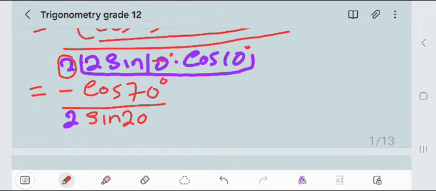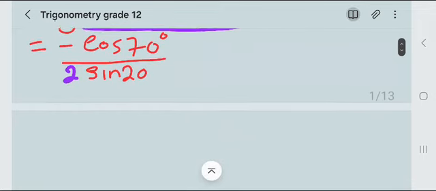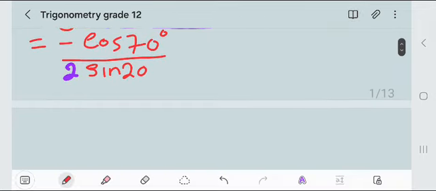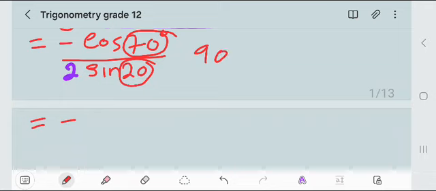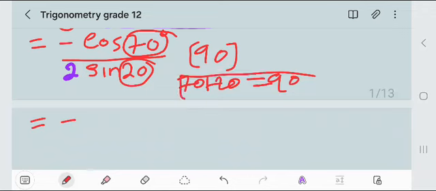Ladies and gents, amazing thing again here. When we divide this, check the angles. 70 plus 20 will give us 90. See, ladies and gents, this is a cofunction.